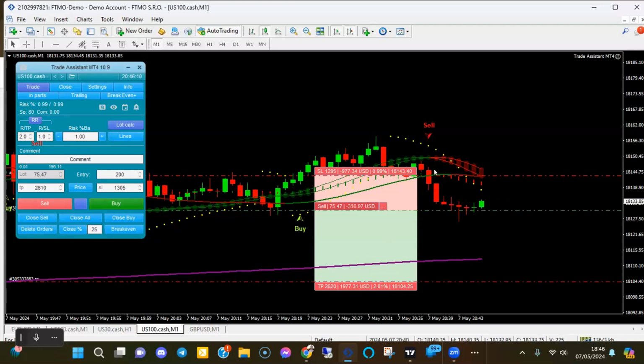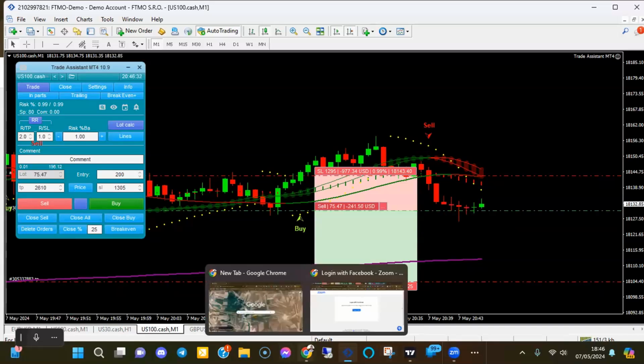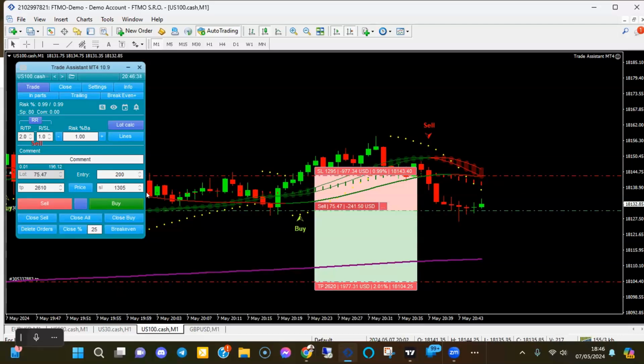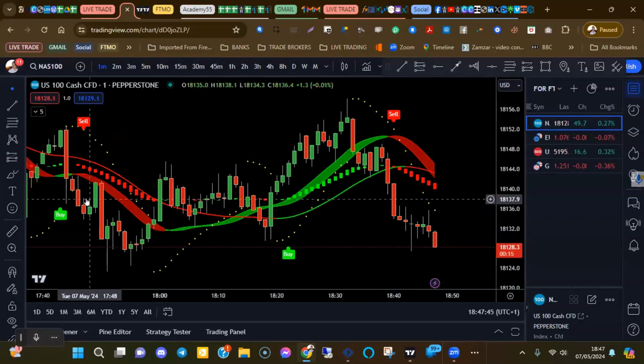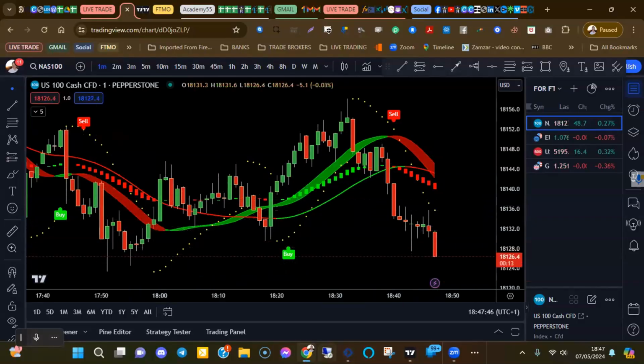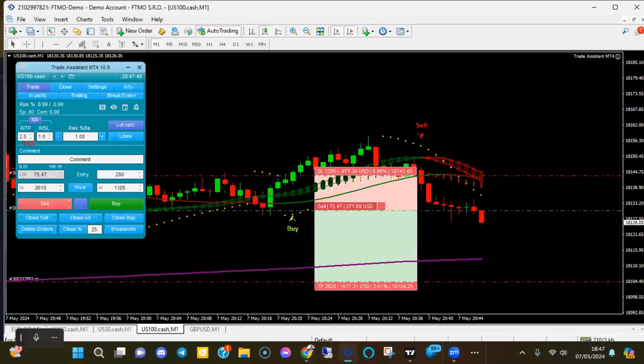Got your sell alert. Volume ribbon is red. Trend is red. That's where the stop loss is. And now I'm waiting to possibly go just below there. I'm going to put this on TradingView so we can watch it there as well. Just double checking.